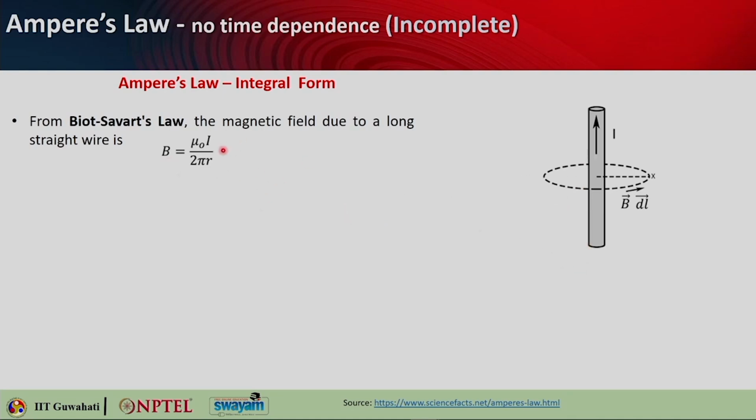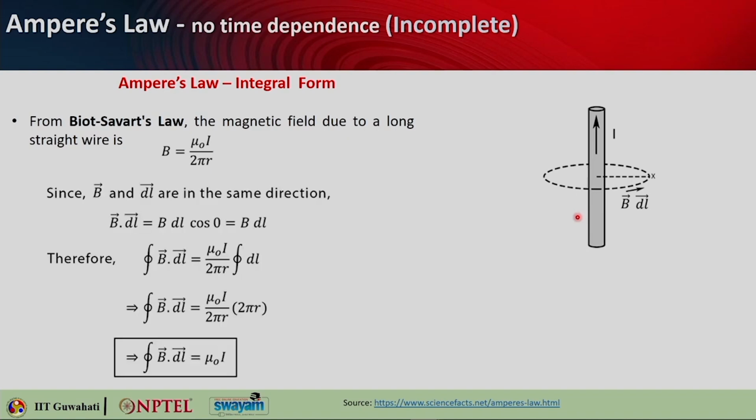Here I is the current, mu naught is the vacuum permeability, and r is the radius of this particular wire. Then because B and dl are both in the same direction, you can take their dot product, and that comes out to be simply B dl.